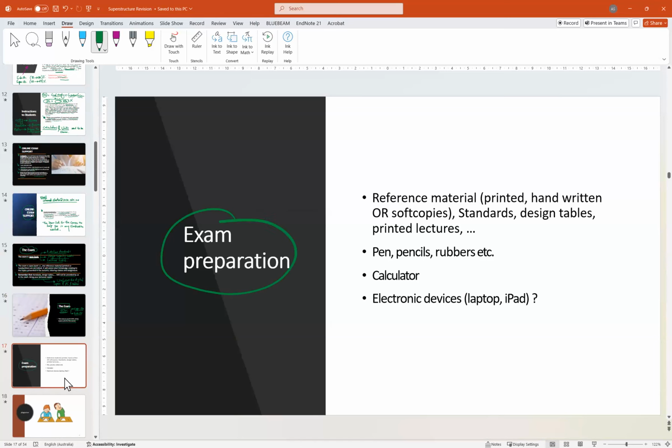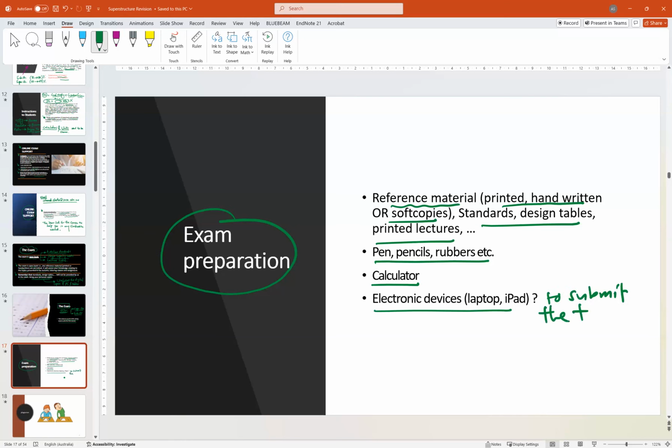For the exam preparation, you need to prepare for the test. If you solve this by hand or by yourself, you will find it easy and straightforward. So you need reference material, printed and handwritten or soft copies, the standard and tables, and lecture notes. You need this to be ready with you, whether digital or printed. Also pens, pencils, rubbers, and so on. A calculator for calculation, and your electronic device, laptop or iPad, to submit the test solution to the portal.